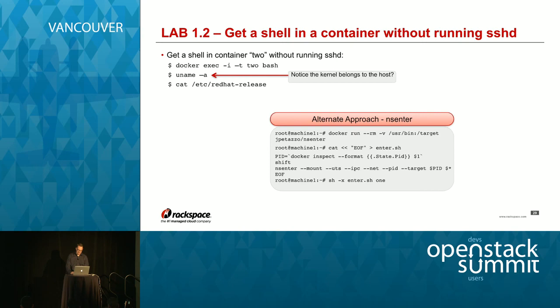So you don't have to run SSH in the container. You can just create whatever process you want in whatever container you want, just by using exec. There's another way, using a tool called nsenter, which gives you more control over the kind of namespace that you create. This is useful if you want to share only some of the namespaces, but not all of them.